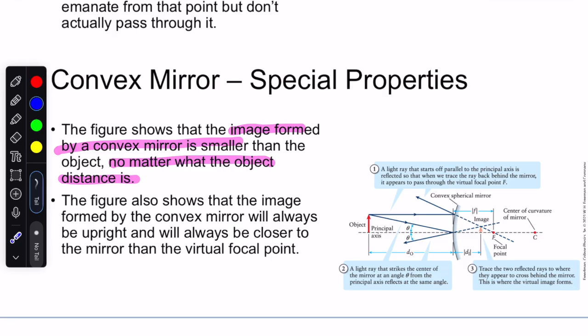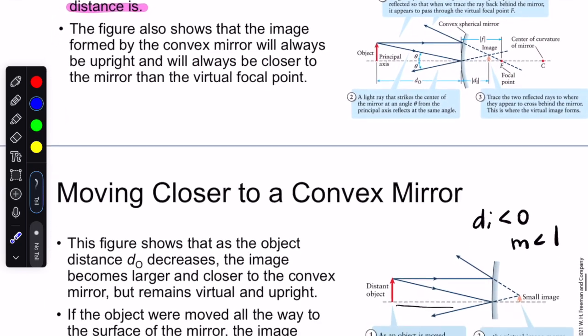So what this tells us is that the image that is formed by a convex mirror is not only smaller, always smaller than the object, but it will always be a virtual image. Okay? And it will always be upright. So convex mirrors have some special properties.